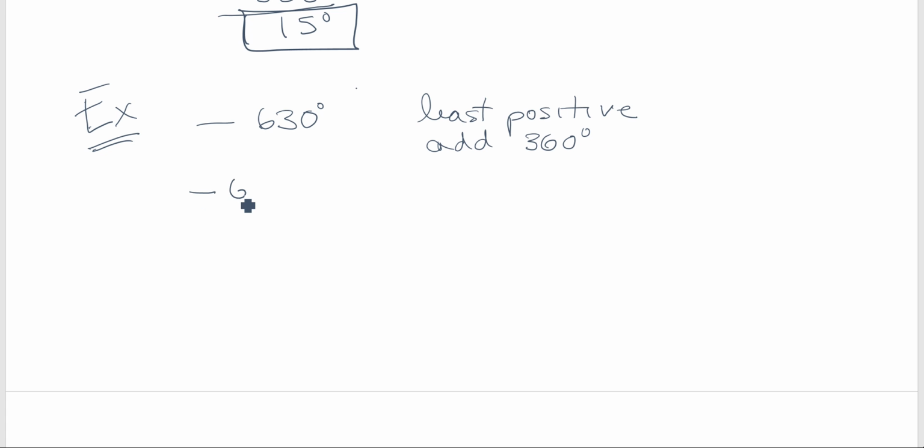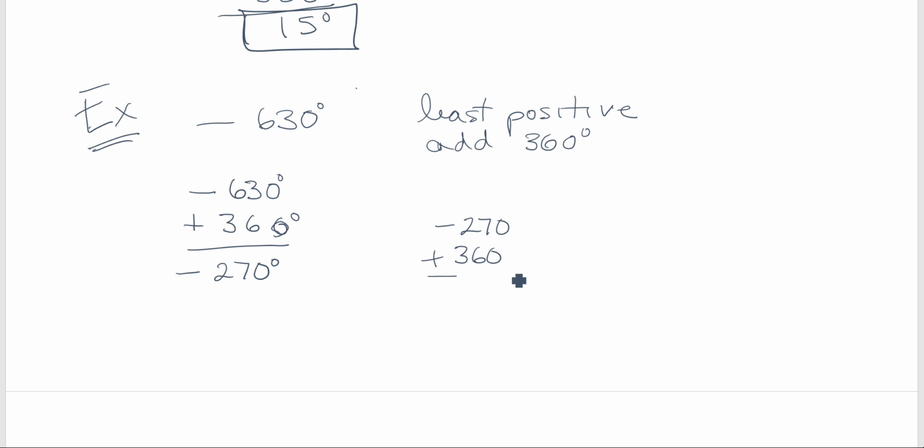So when I take that negative 630 and add 360, I get negative 270. Because it's still negative, I'm going to add another positive 360, and doing that, I get my final answer to be 90 degrees.